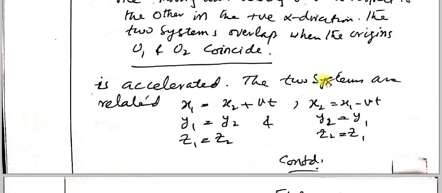Now the two systems are related by the following relations: x1 is equal to x2 plus vt, while x2 is equal to x1 minus vt, as per Galilean transformation.